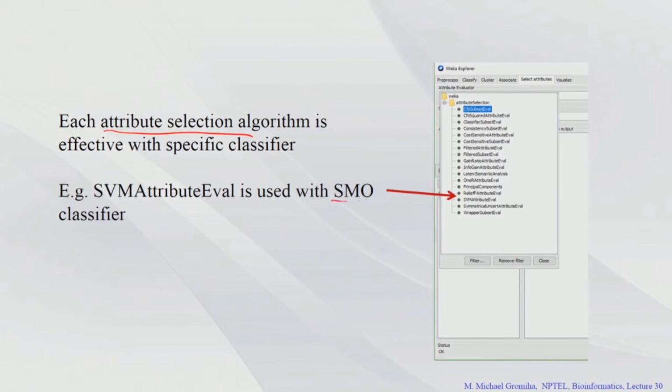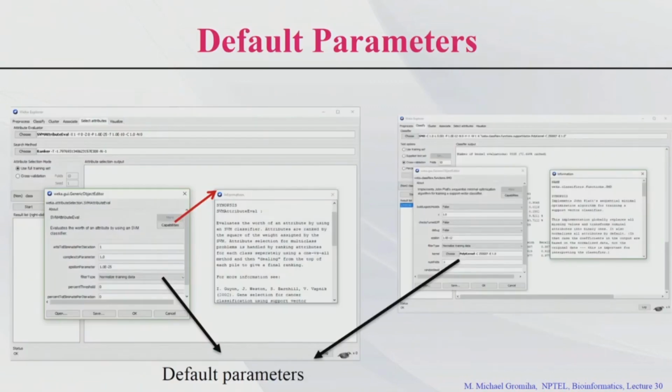For example, if you take support vector machines, they use the SVM attribute evaluator, which is here, to optimize these different features. If you do this, there are various options you can give. Here you can see this is the SVM attribute evaluator.